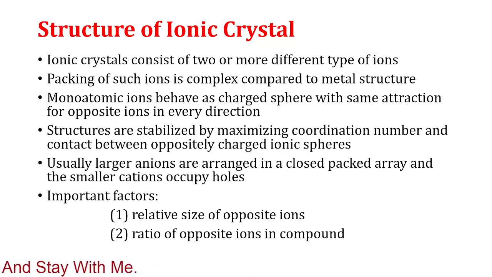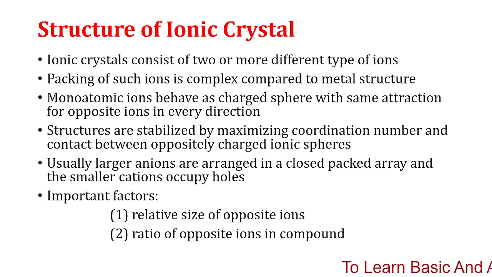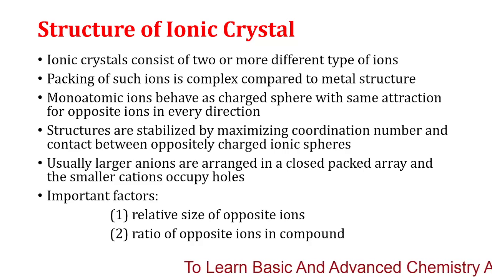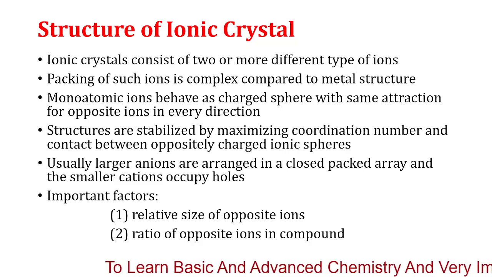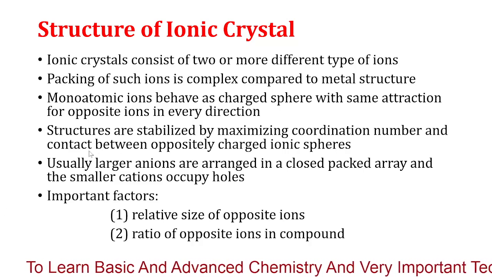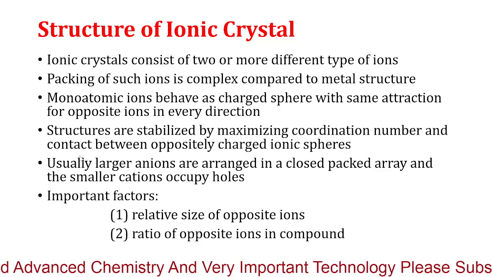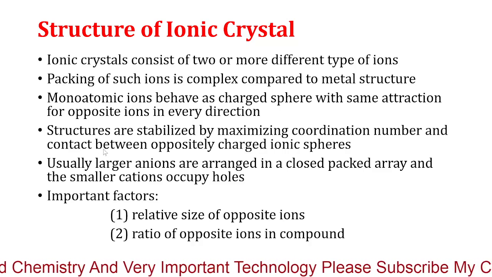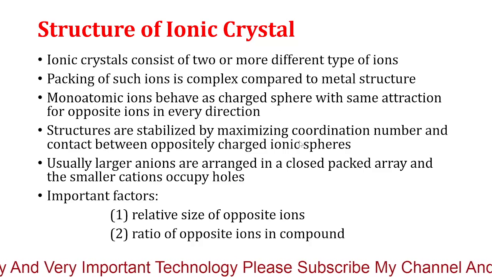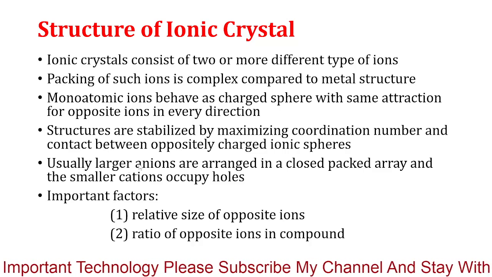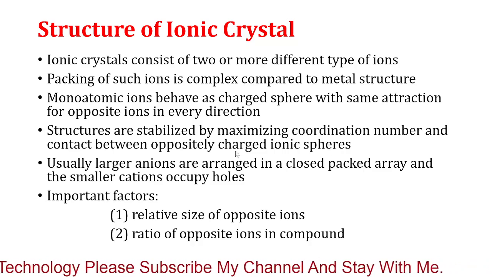Two sodium will not attract each other as strongly as sodium can attract chlorine, because sodium and chlorine are oppositely charged. Therefore, it's easy to attract oppositely charged ions with high attraction force. Structures are stabilized by maximizing coordination number and contact between oppositely charged ionic spheres.